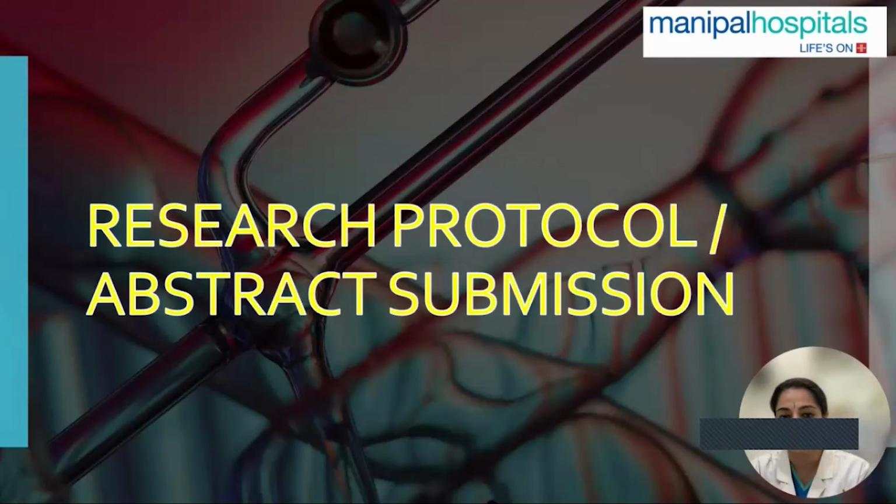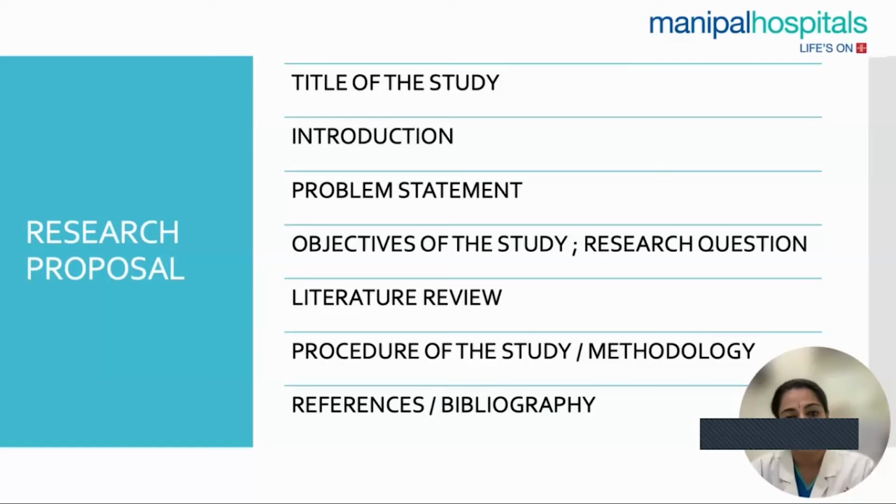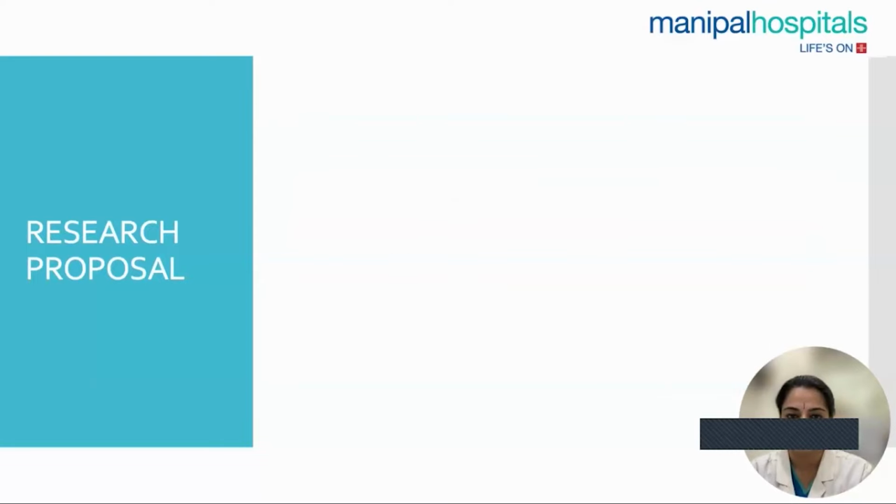Now let's look at the protocol. Let's create the protocol or the abstract to submit it. So for the protocol, I need the title, I need an introduction, I need to define the problem statement, I need to look at the objectives, have a research question, do a review of literature, and also look at the methodology and cite references.